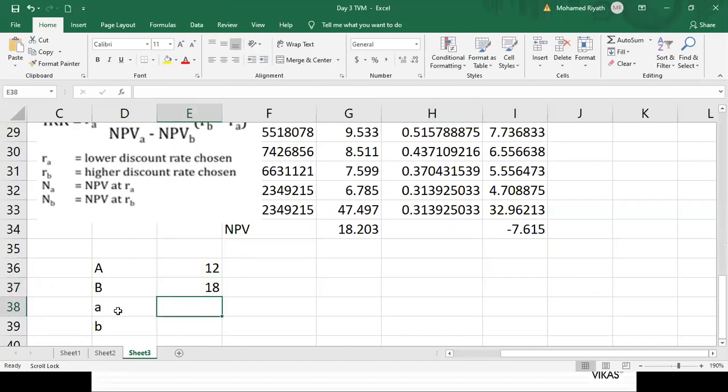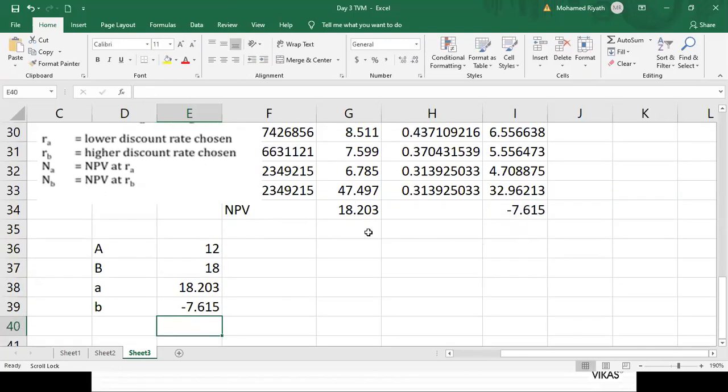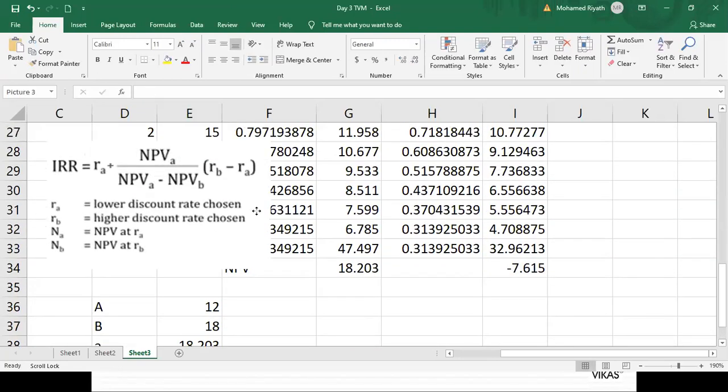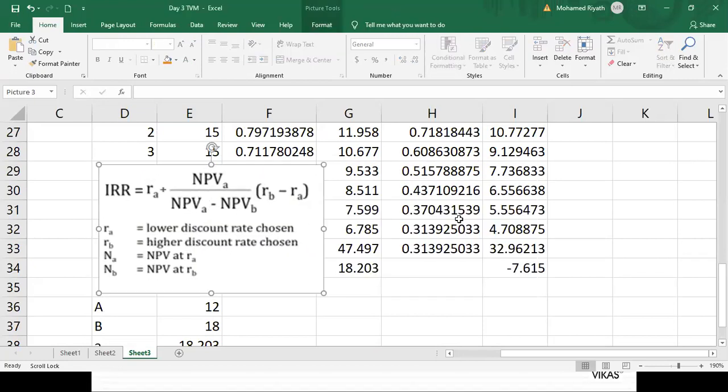Small a means the NPV value at A, that is 18.23, and small b the NPV at B.